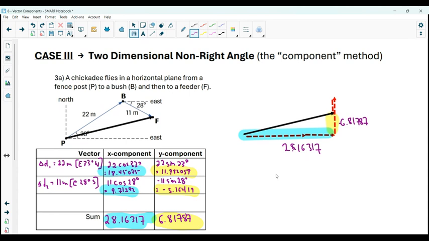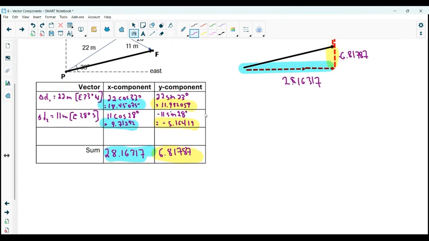So we've got our triangle, right? I'd like to redraw the triangle just to make it a little easier to work with. So let's scroll down a little bit and redraw our triangle here. I've got this first one that's 28 in the x direction, going like that, and then my second one that's 6.8 in the y direction, going like that.